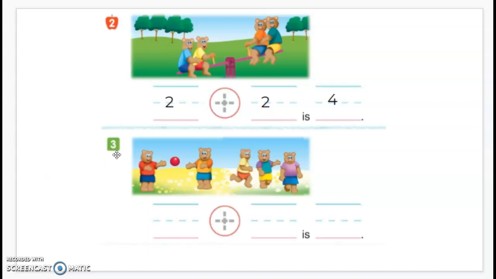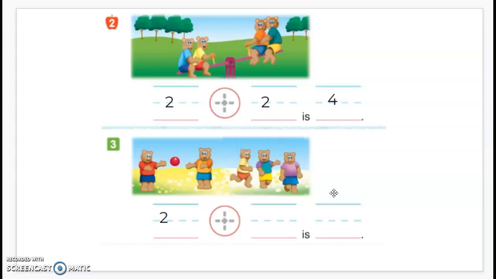For question number 3, how many bears do we see in the first group playing with a red ball? 1, 2. So we're going to write the number 2. We know that this whole week we're going to be adding, so the way that we show in math that we're adding is using the plus sign. So plus, how many bears are in this group?